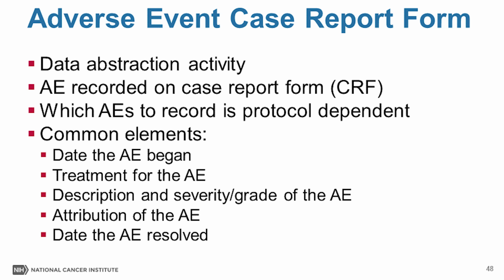So always refer to the protocol for these, what I call recording exceptions, and the case report form instruction manual. Both of those are going to be very helpful when it comes to the documentation of the events in the research database or on the research case report form.